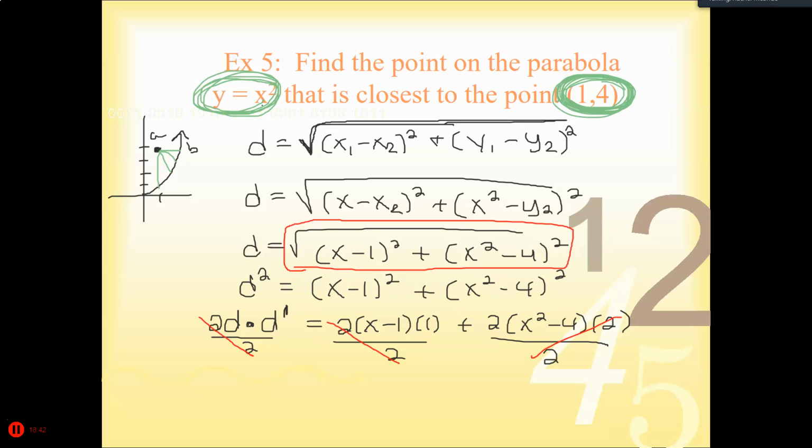But we also know that that's going to give me a does not exist, so we really aren't concerned with that denominator not existing. So I have 0 equals x minus 1 plus 2x squared minus 8 all over d.